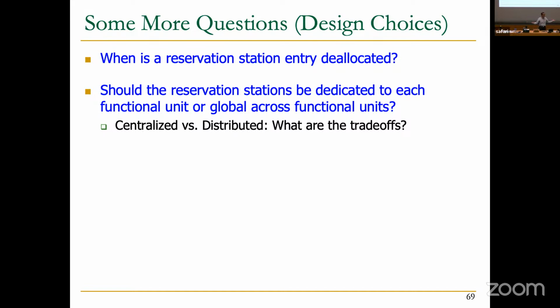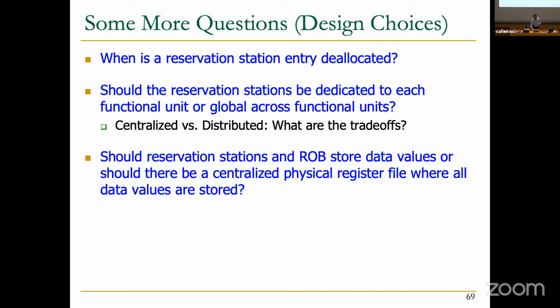Add instructions don't require addresses, right? So you don't need to store the address inside the buffer for an add reservation station. So you can specialize. But unfortunately, when you have distributed buffers, load balance becomes a problem. If everything you're executing in the machine is add instructions, you may not have enough add reservation stations, right? Because you've distributed the buffers across the functional units. So there are trade-offs over here.